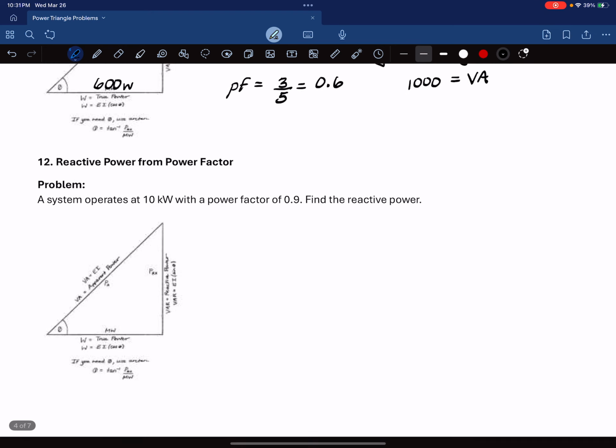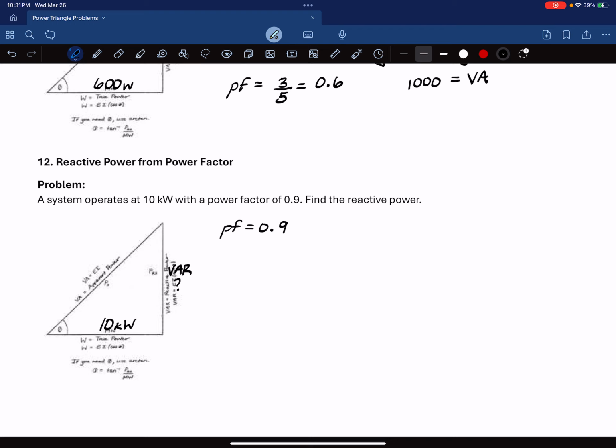Number 12. A system operates at 10 kilowatts with a power factor of 0.9. Find the reactive power. So they want us to find VAR.